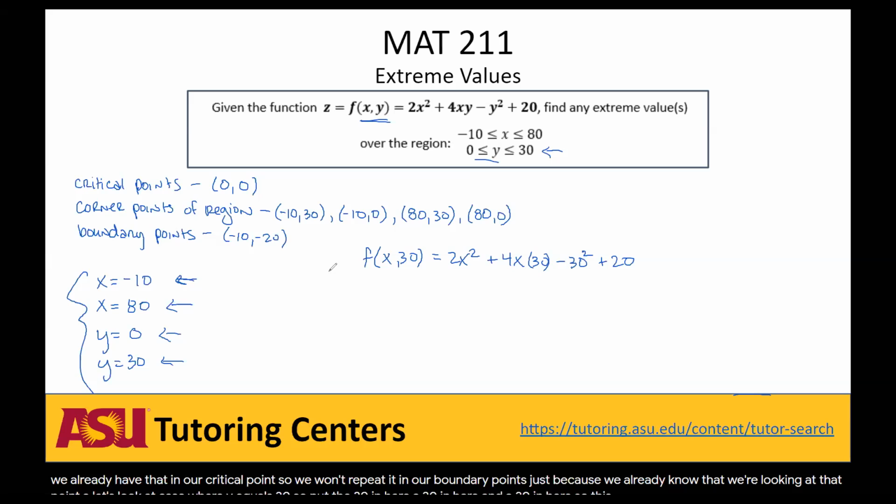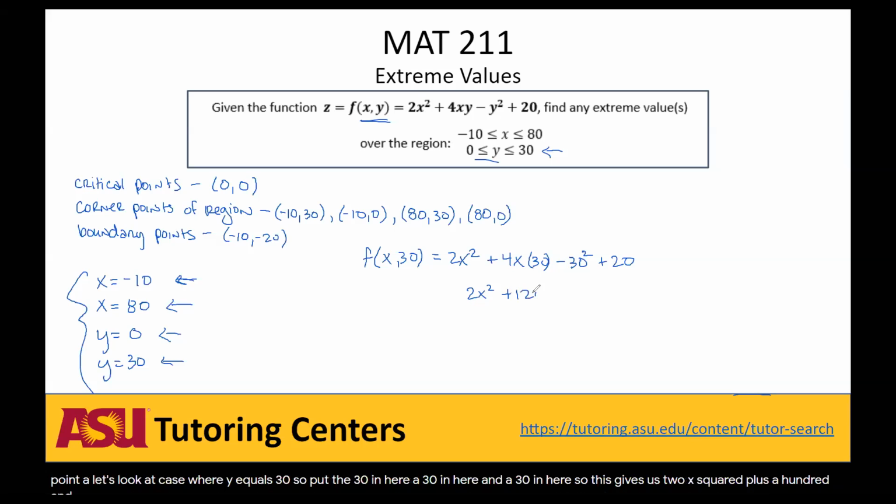So this gives us 2x squared plus 120x minus 880. And we'll call this g of x again, just for notational purposes.